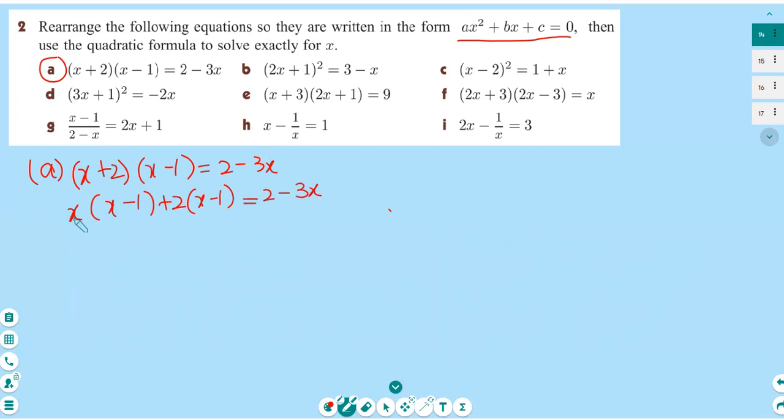Now simplifying this, for x into x, x square minus x plus 2 into x is 2x minus 2 equals 2 minus 3x. So x square, combining the like terms, minus x plus 2x is plus x minus 2. Okay, to make this general form, we need to shift these 2 terms to the other side as well, so that the right-hand side becomes 0.